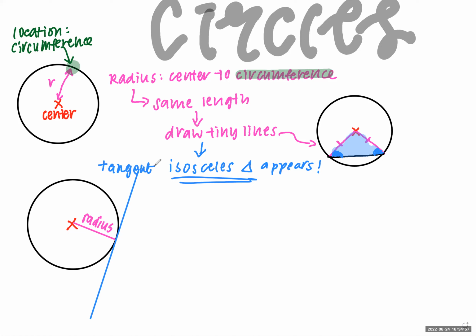And what's the relationship between a radius and a tangent? Perpendicular, 90 degrees. So this is the first property you all need to know. You write that down. This property is called tangent is perpendicular to radius. This is the property that you need to memorize when you are using this property.